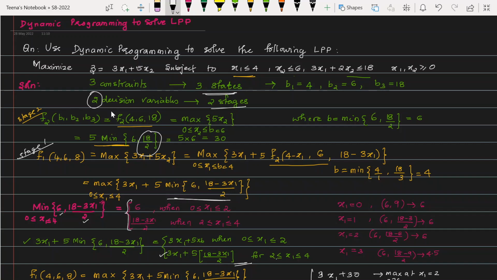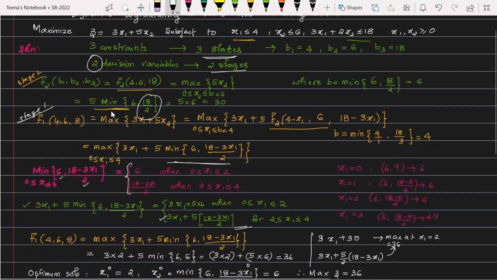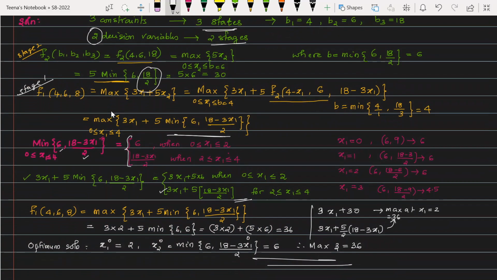These are the possible minimum values when you substitute the whole set of values from 0 to 4. And then once you obtain that minimum value, we substitute it into the expression 3x1 plus 5 into minimum of 6 and 18 minus 3x1 by 2, and hence we find the value of this particular expression. So we obtain the value in this particular way.